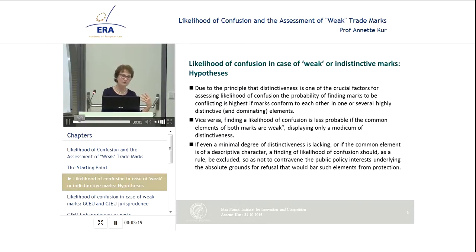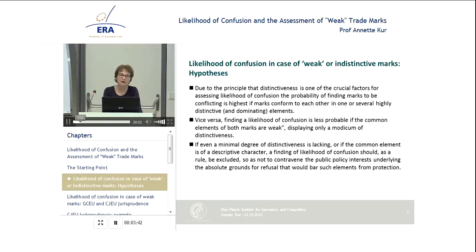And then the third conclusion one could draw is that if even a minimal degree of distinctiveness is lacking, or if an element which is common to both signs that we need to compare in order to find likelihood of confusion is straightforwardly descriptive, then this should exclude a finding of likelihood of confusion.